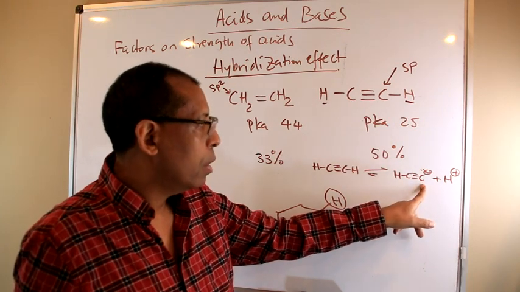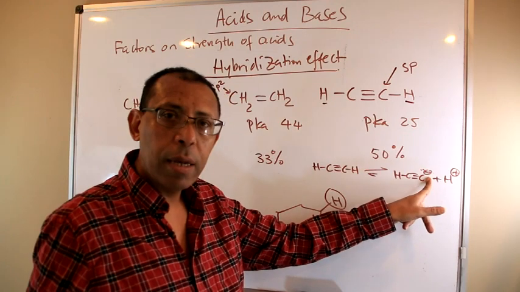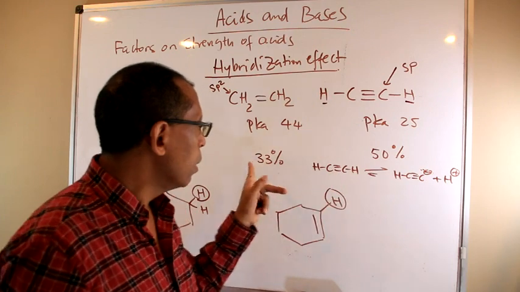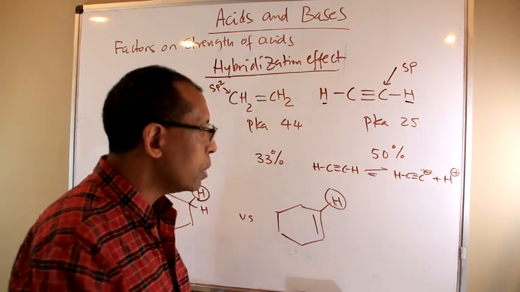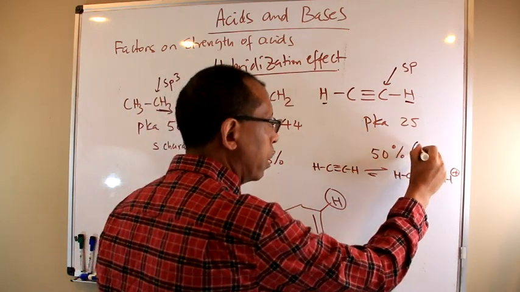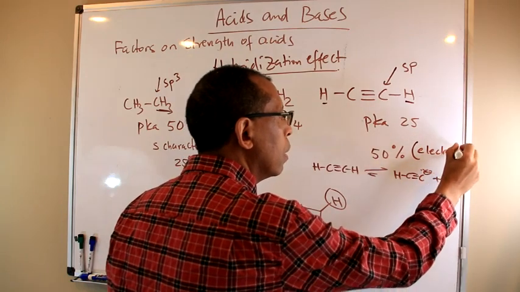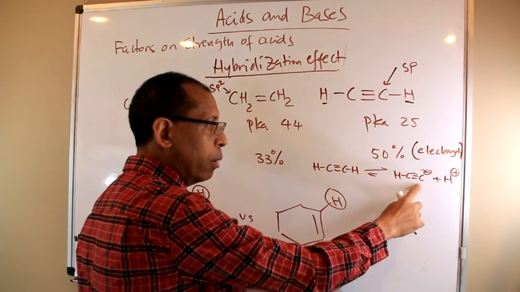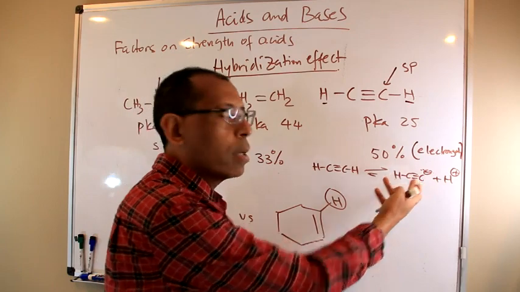So that carbon can accumulate or hold that negative charge very efficiently, more than maybe the other carbons. So this is 50% S character. That means the most electronegative. Therefore, the negative charge on the conjugate base is comfortably seated on this carbon.